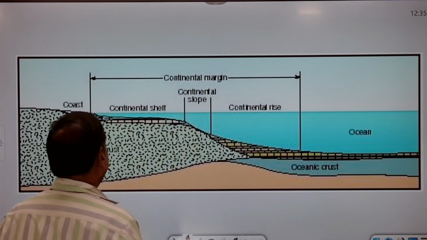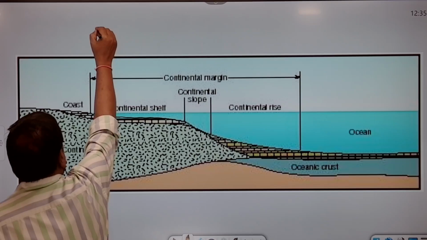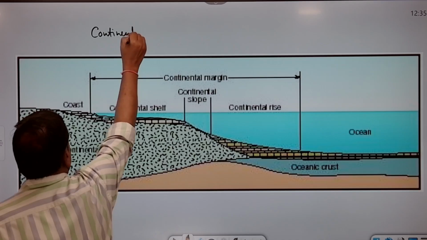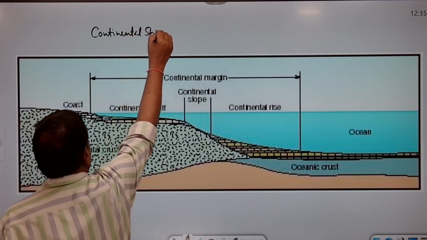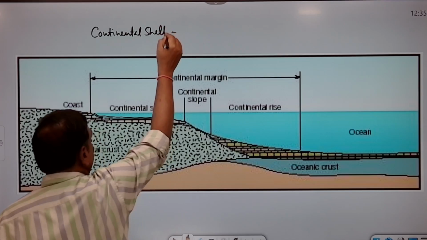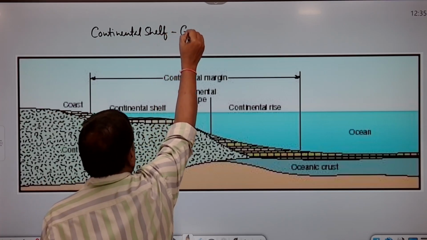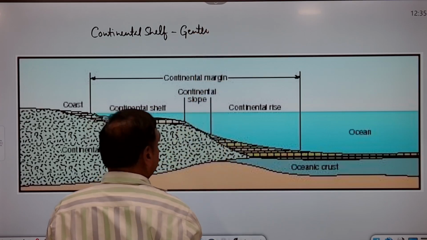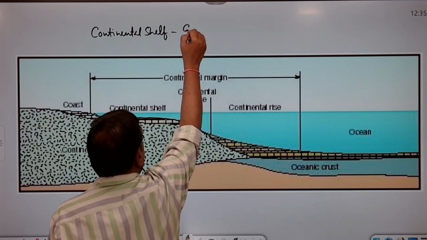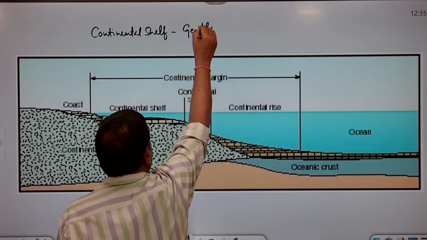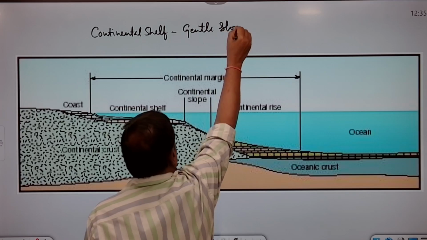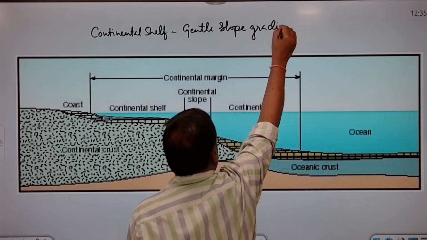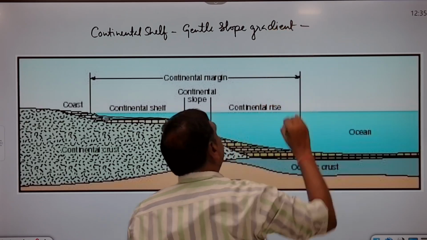So for the continental shelf, it is said that the continental shelf has a gentle slope gradient, and the slope gradient is defined.